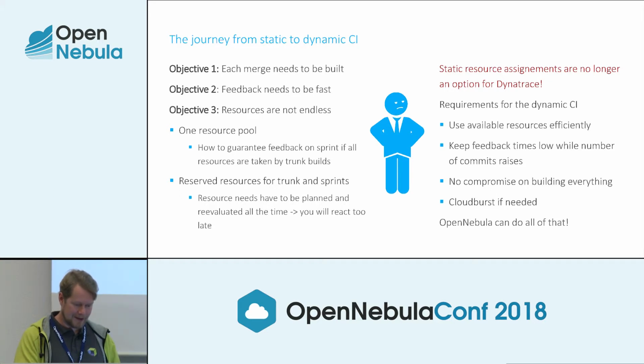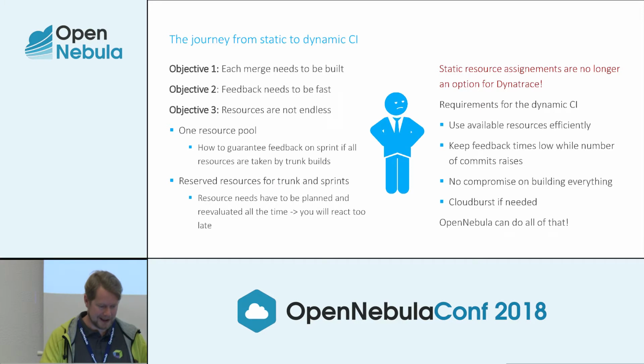So we went basically to go full dynamic, use the EC2 API. And we wanted to use the resources efficiently, keep feedback times low, no compromise on building, and we wanted to do cloud bursting as well if we want to, and perfect, OpenNebula does all of that.